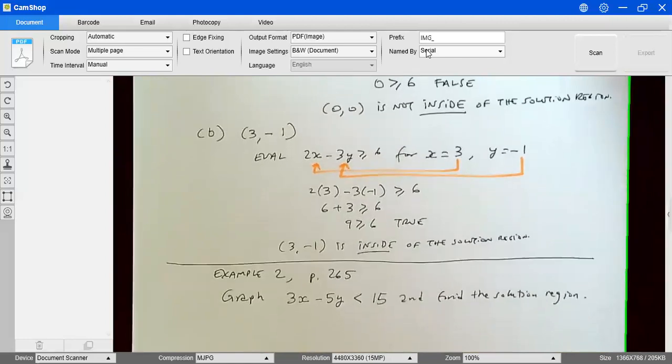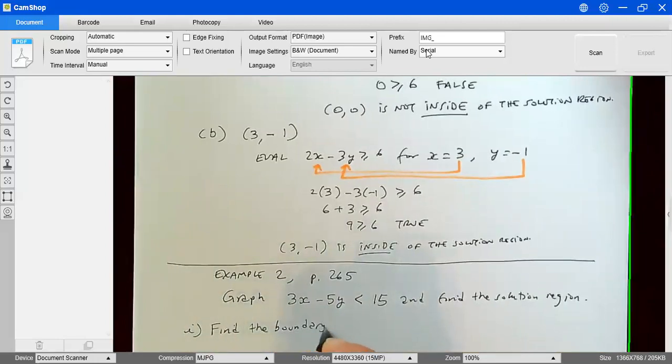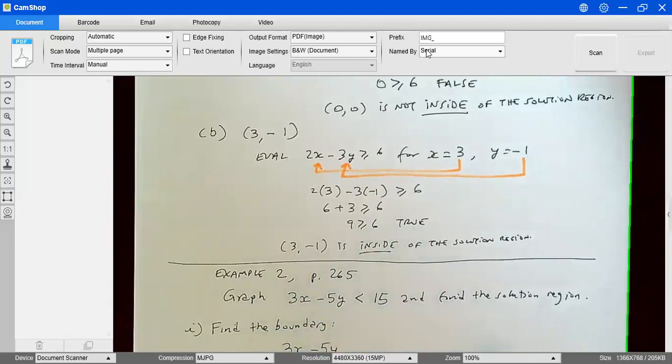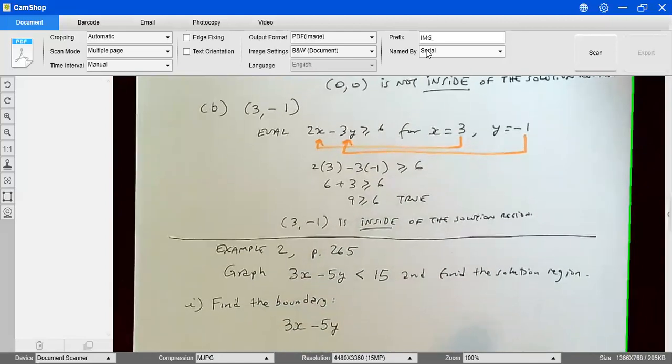So first step, we need to find the boundary of the solution region. So we're going to write the left-hand side of the inequality, then we're going to use an equal sign, and then the right-hand side of the inequality.